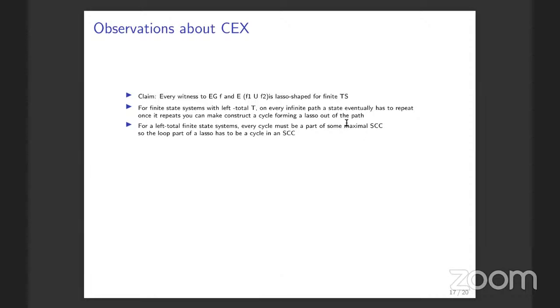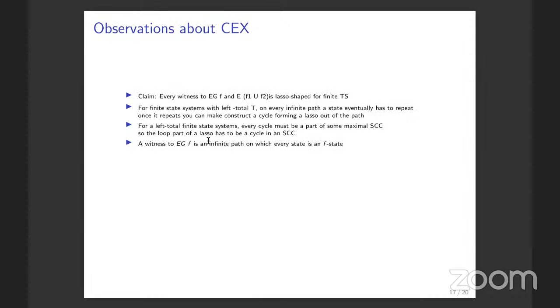That's the kind of path that we want to generate as witnesses to EG F and EF1 until F2. Now, for left-total finite state systems, every cycle of course must be a part of some maximal SCC. So the loopy part of that lasso has to be a cycle in some SCC.